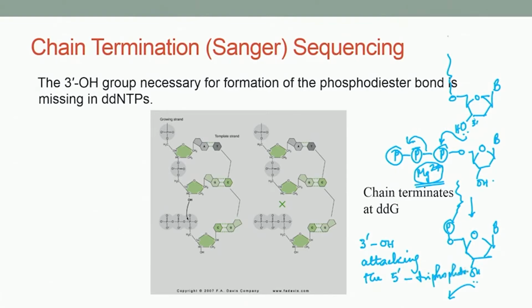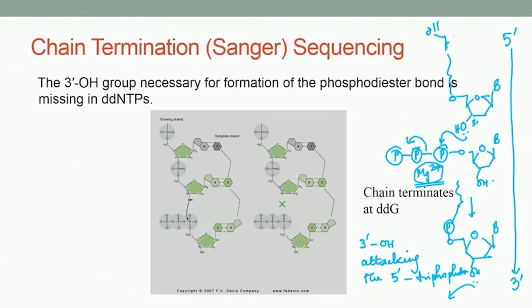Now, on the top side, ultimately you have an oligonucleotide here, where the 5 prime OH will be free. And as you go down, finally, when it achieves the desired length, your 3 prime OH will be free. So, the direction of synthesis is from 5 prime to 3 prime end, but that means that it is the 3 prime OH that is attacking the 5 prime triphosphate.